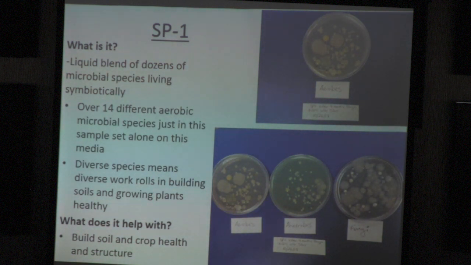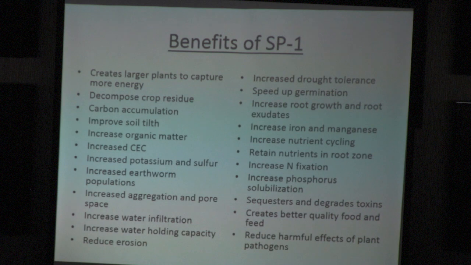So this is just quickly what it helps with: it builds the soil and crop health structures. And here's a longer laundry list, which is in your slide if you want to refer to it later. Over the years as we have tested this product, we have found and have research that it can help decompose your crop residue, increase your earthworm populations, improve your soil tilth, which we've heard a lot, and speed up your germination time.